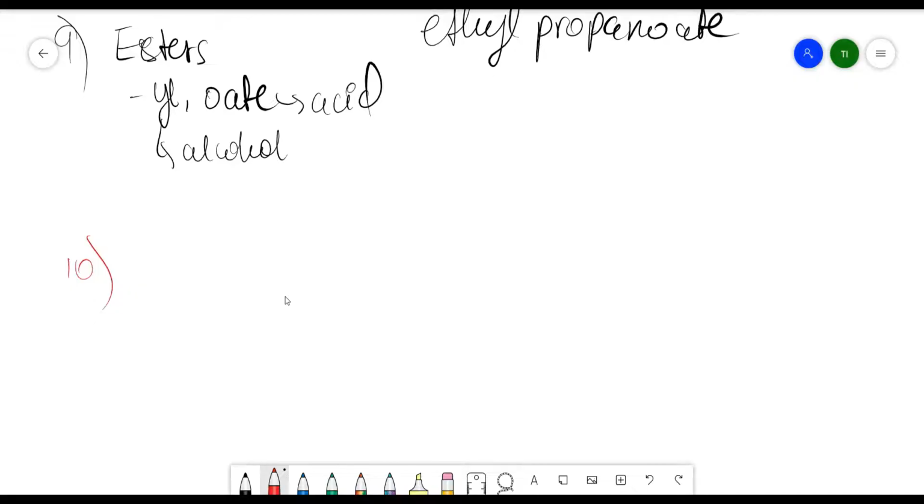So amines. For those of you taking bio, you should be very familiar with this. It ends in amine. It's kind of funny. Anyway, in amines, there's an NH2 or NH3 group.